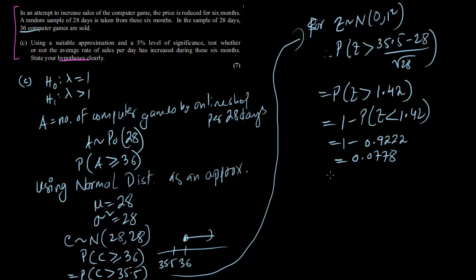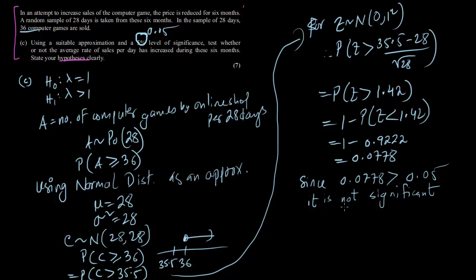So now let's check the significance level. The significance level is 5%, that is 0.05. So we can write, since 0.0778 is greater than 0.05, it is not significant.